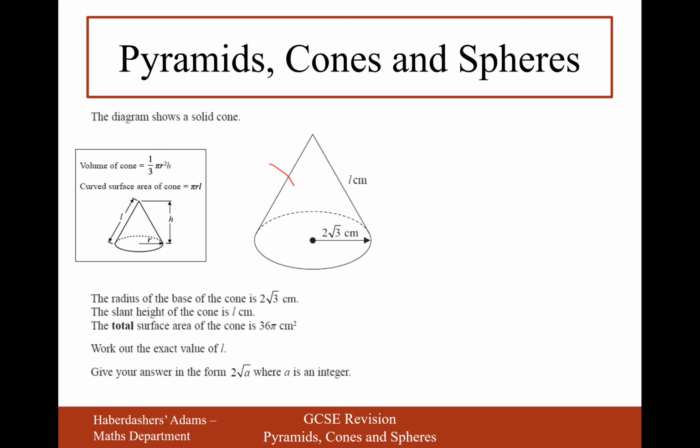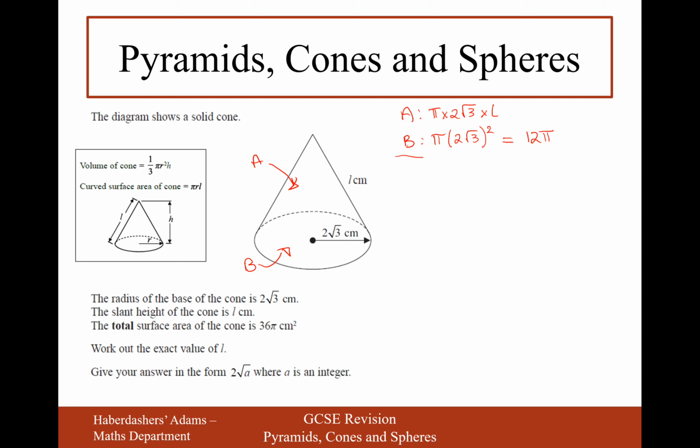That's going to be the curved bit on the top, which we'll call part A, and the base of the cone, B. For A, the surface area is pi RL, so it's pi times 2√3 times L. And the surface area of the base is pi r squared, so it's pi times 2√3 squared, and 2√3 squared is 4 times 3, which is 12 pi.